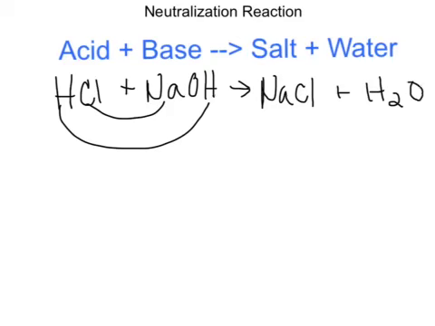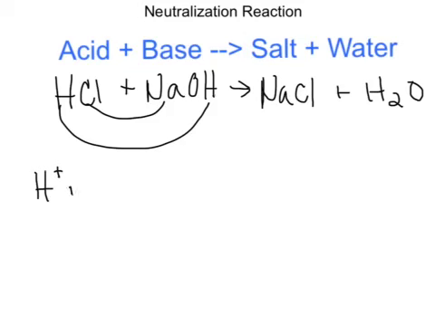Now, if we wrote that as an ionic equation, or a complete ionic equation, since the acid is a strong acid and it's going to completely ionize in water, we would show it as ions in our equation.